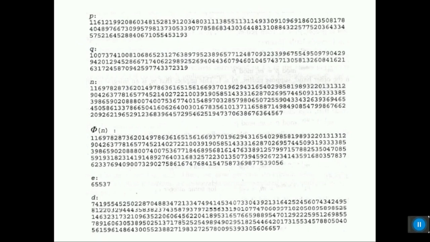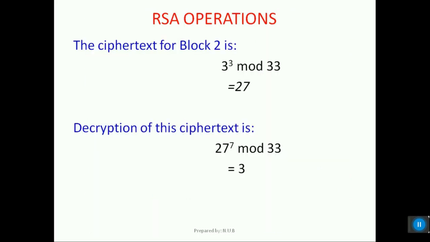Now have a look at these P and Q values. We have taken the P and Q values in the previous example as very small numbers, that is 3 and 11, but it is not the case in the practical scenario. As we said earlier, the P and Q values are very large numbers.